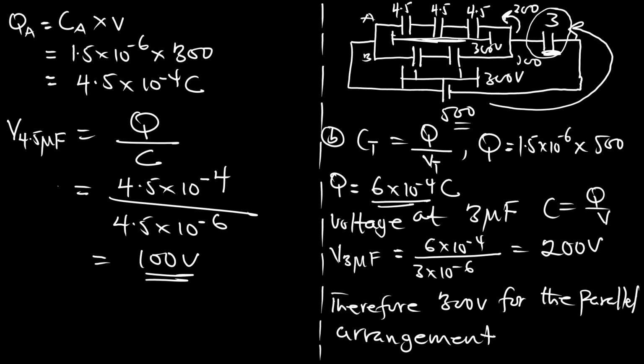Out of the 300, it is distributed among 3 capacitors of the same capacitance, meaning it is going to be 100 across each. The same thing happens to the B part. We have 300 volts across the 2, each of them 1 microfarad, so they are going to divide the voltage. If you calculate the voltage across each of the 1 microfarad capacitors, you are going to get 150 volts. You can check that one out.